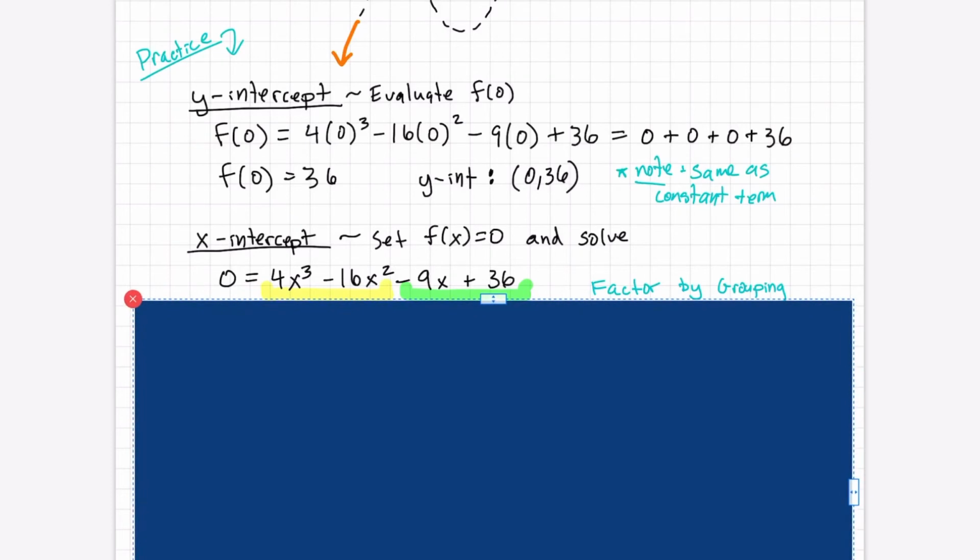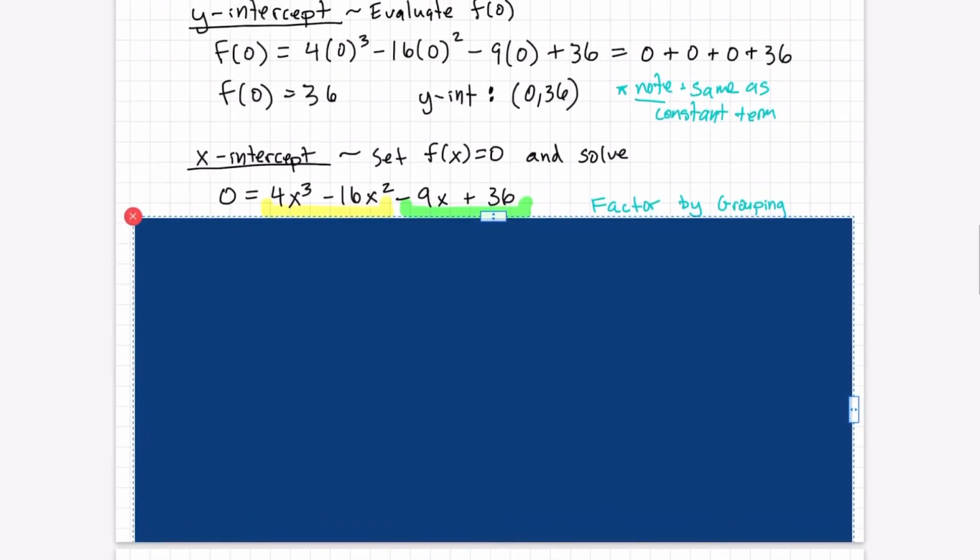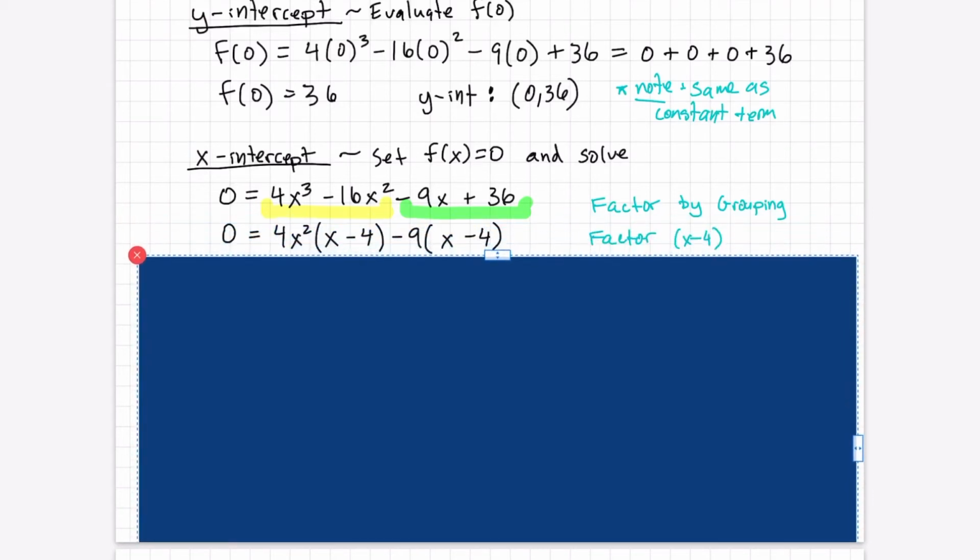So if I look at this 4-term polynomial, I think to myself, well, it's 4 terms, so the only thing I know to do with 4 terms right now is to factor by grouping. So let's try that. If you factor by grouping, I can group up the first 2 terms, and then the second 2 terms, and factor out a common GCF.